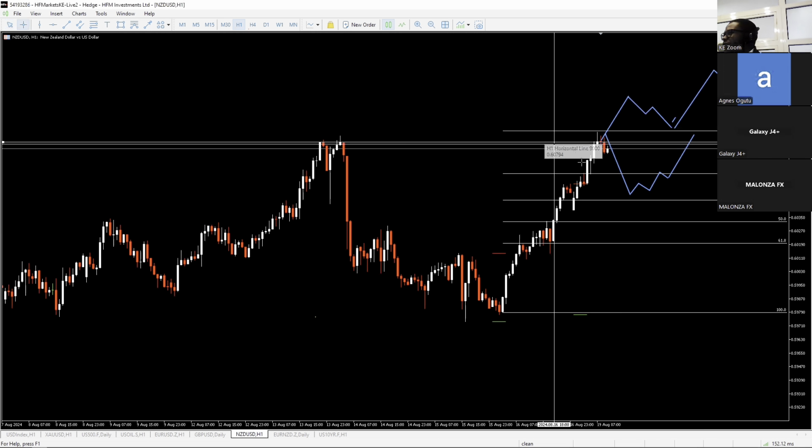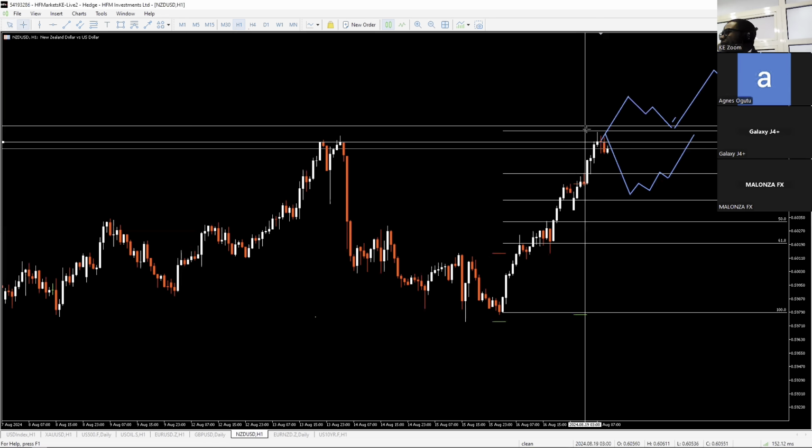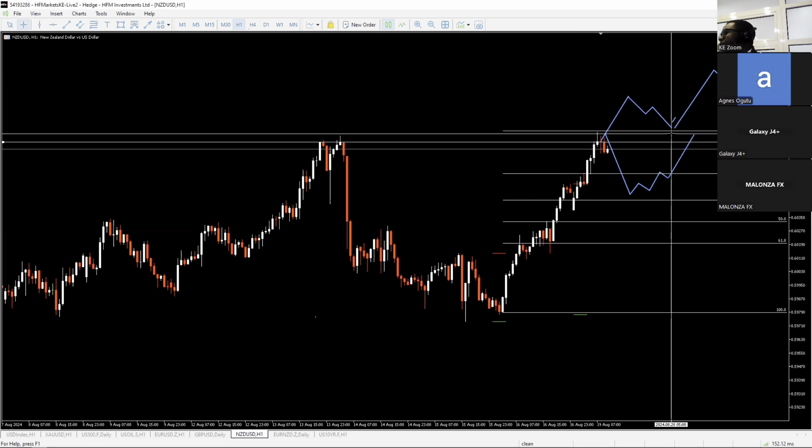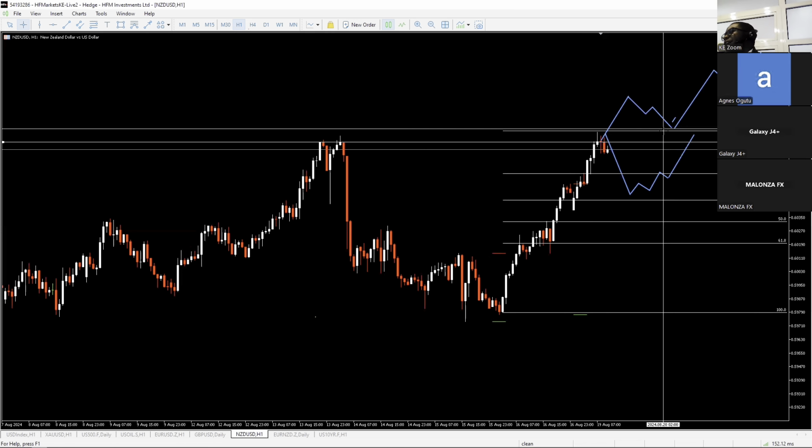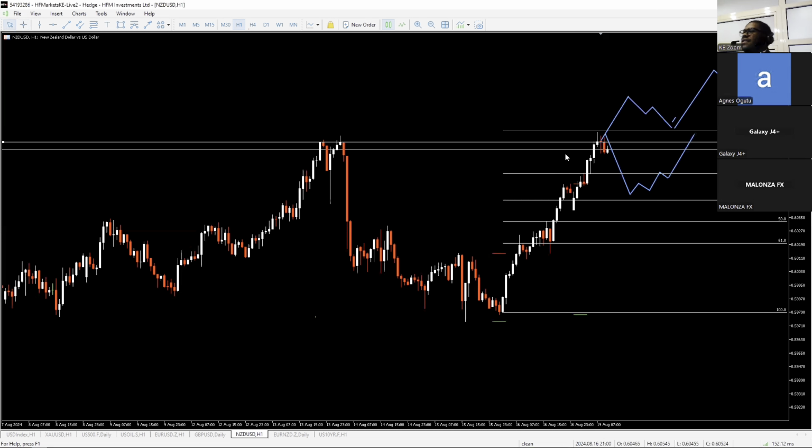So I have 60.83, 60.80s, and 60.90s, if we are to anticipate the Kiwi dollar continuing to rally up.